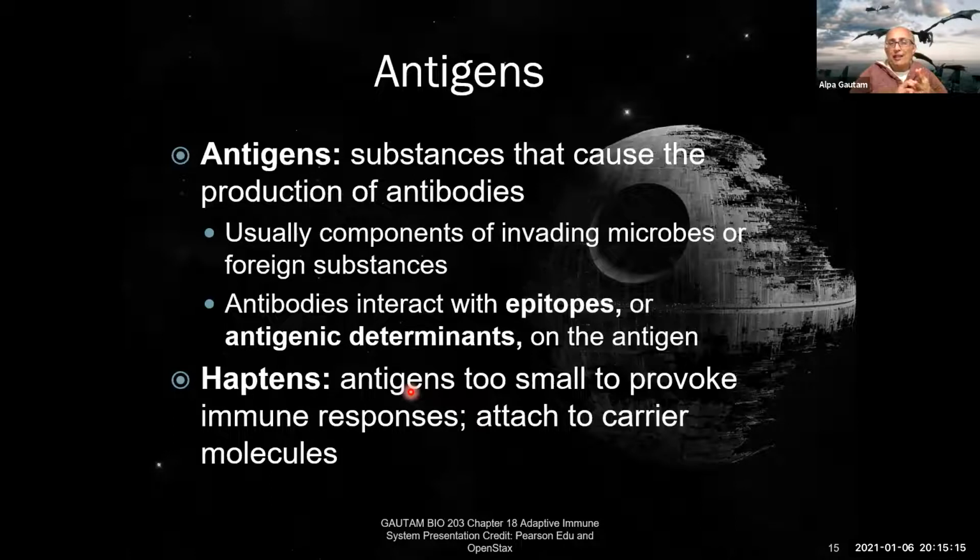So you can have binding and you can stop that antigen from moving around, or antigens attached to the pathogen. If you can bind it and it can't move around anymore, but it doesn't cause an immune response, you don't have antibodies produced in response to it. That's when it's called a hapten.